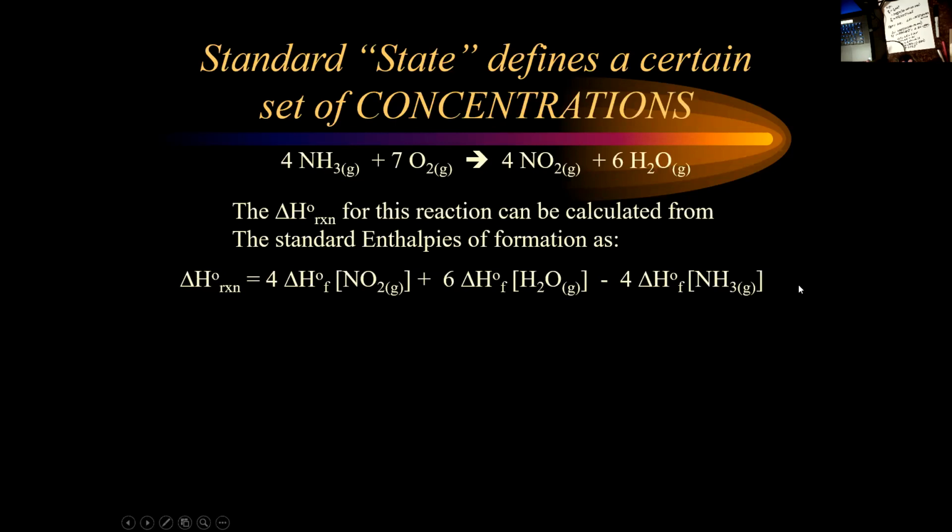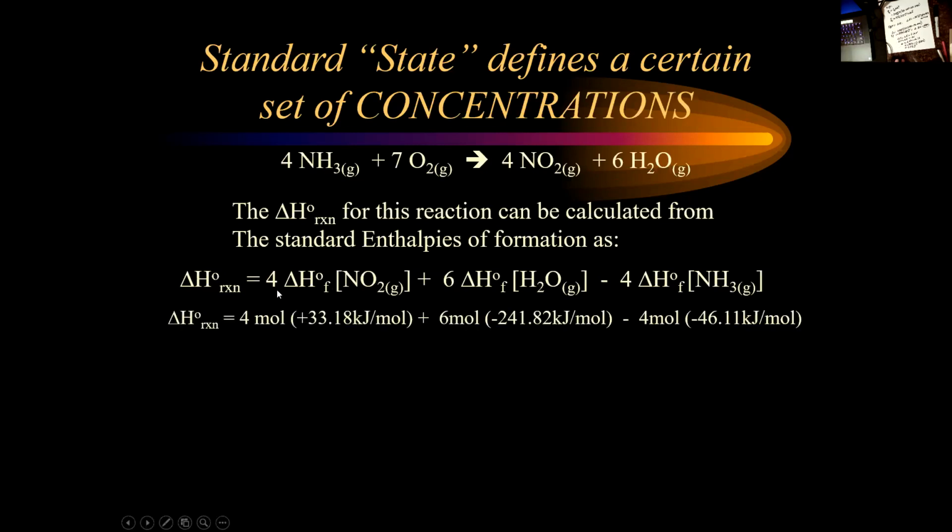I don't have a value here. Why? It's 0. Heat of formation of oxygen, diatomic gaseous oxygen, is the reference state. That's 0. So I can do this calculation from the table in the back of your book. I don't have to do that experiment.